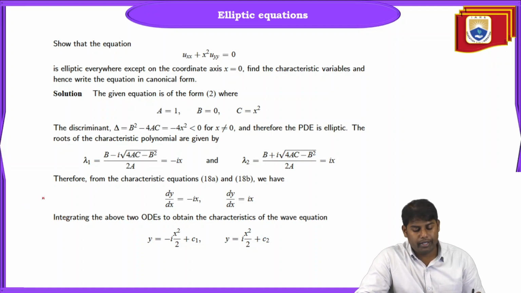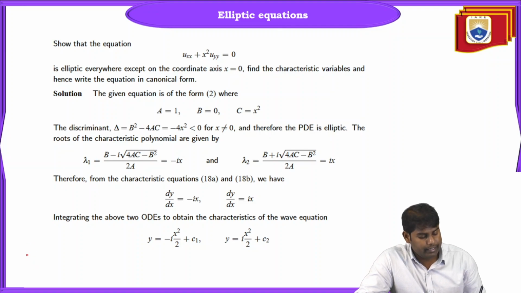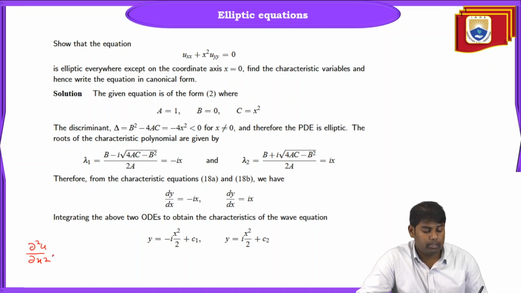So here you can see u of xx plus x square into u of yy is equal to 0. Basically the meaning of u of xx is dou square u by dou x square, so it is differentiating the value of u twice with respect to x.